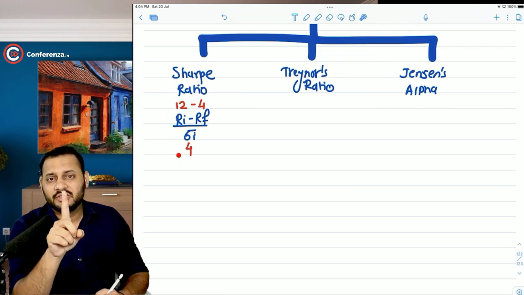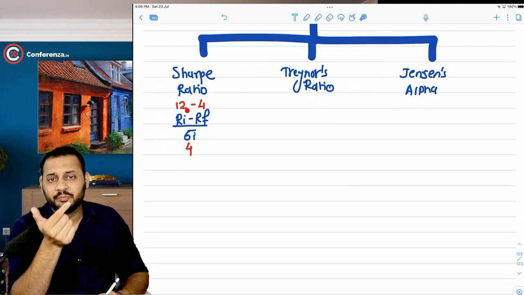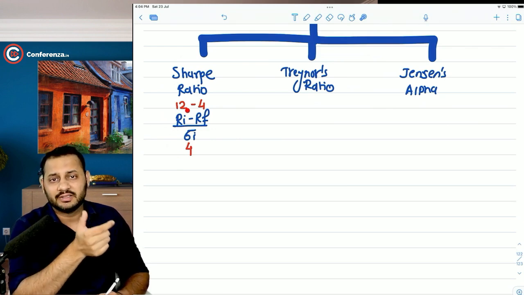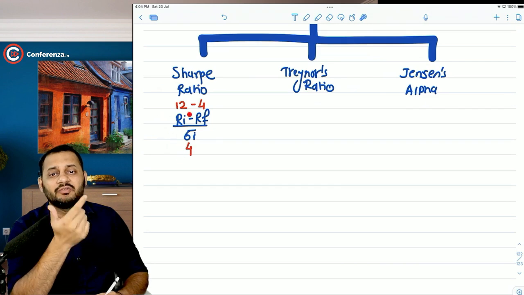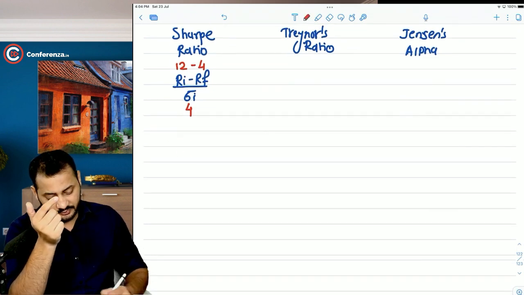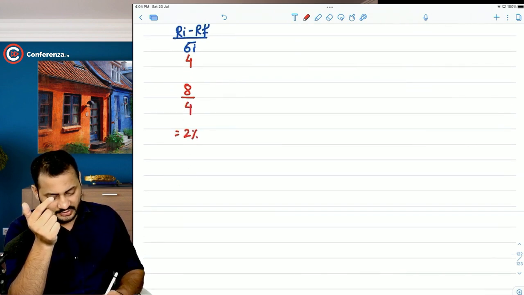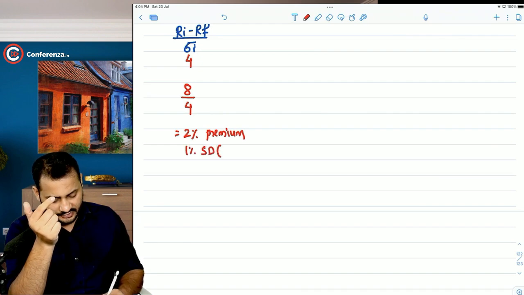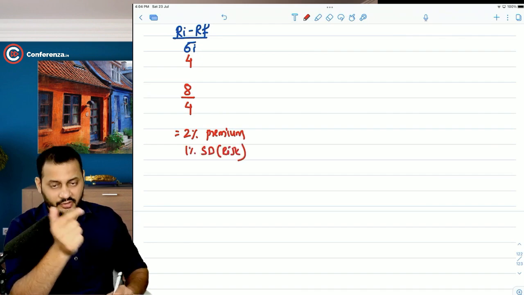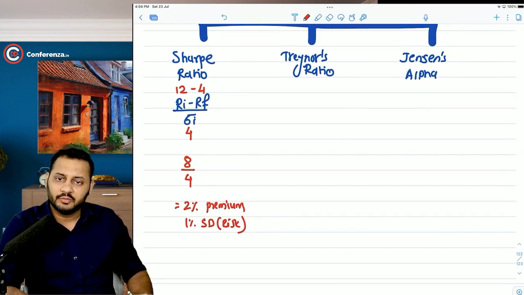For 1% of standard deviation, how much is the premium that you are receiving? 8 by 4, which will come to 2%. 2% is the premium that you are receiving for 1% of standard deviation in risk.